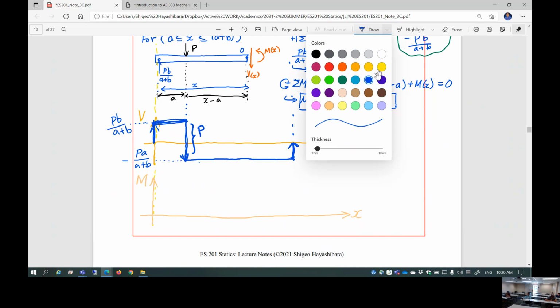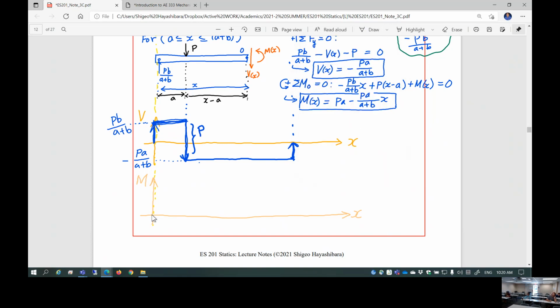So the moment diagram is starting, of course, from 0. From here all the way to here, you have a constant shear. Constant shear means constant slope of the moment diagram. Slope is this much. Constant slope, straight line, until you hit this point.